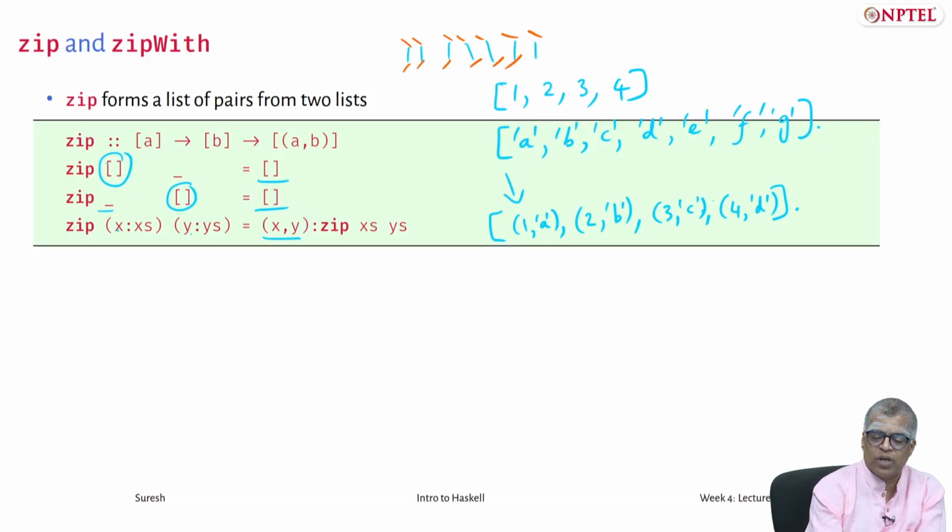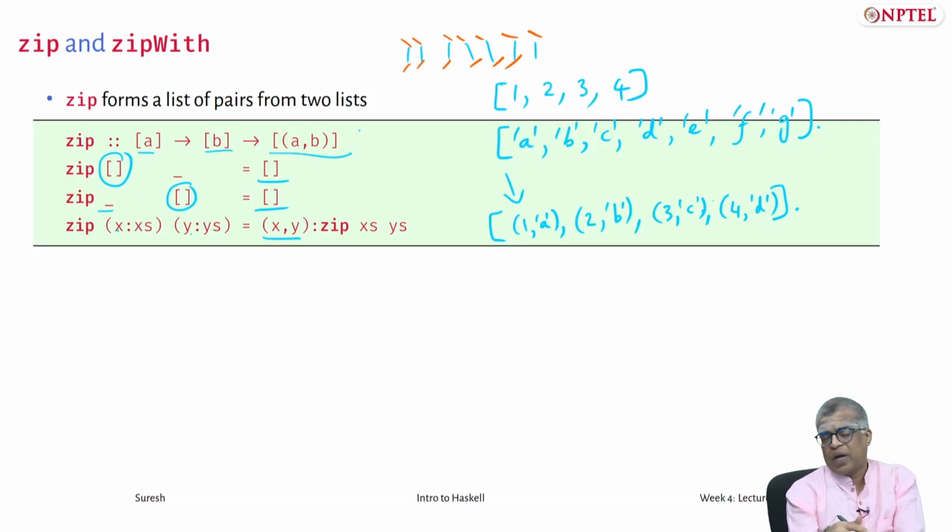What is the type of zip? List A arrow list B arrow list of pairs AB. Okay, that is this thing.